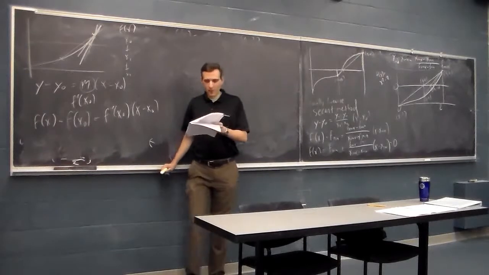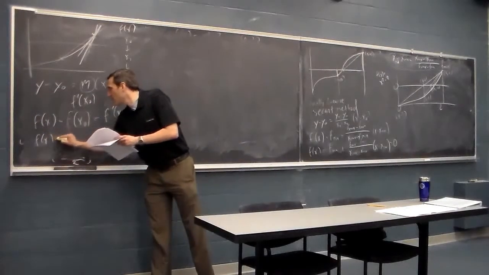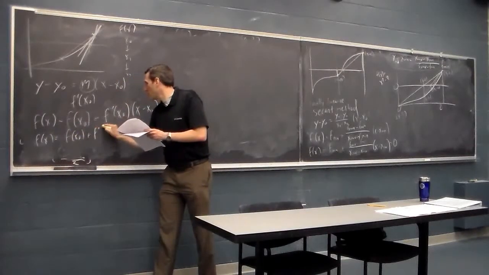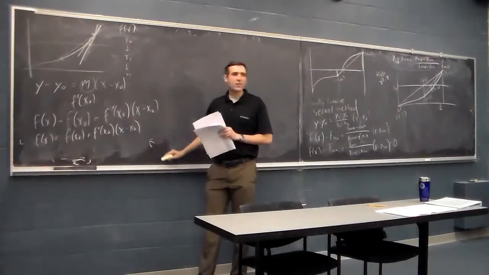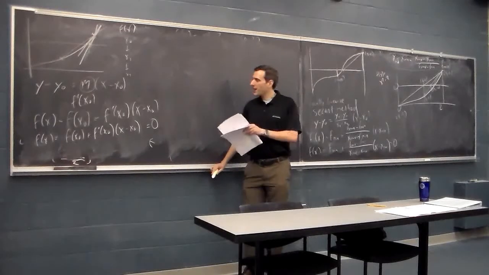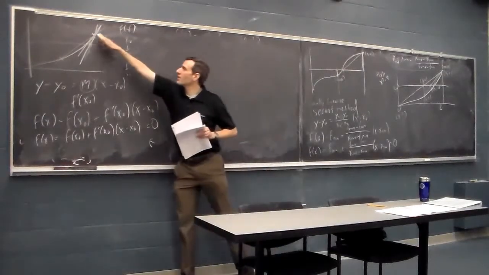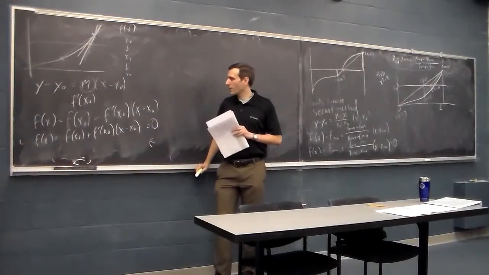Just like when we did this with the secant method, what we can do is rearrange, put that in the form f of x equals f of x0 plus f prime of x0 times x minus x0. Say that we're trying to figure out where that is equal to 0, and then solve for x to get the projection of that tangent line to the value f equals 0.